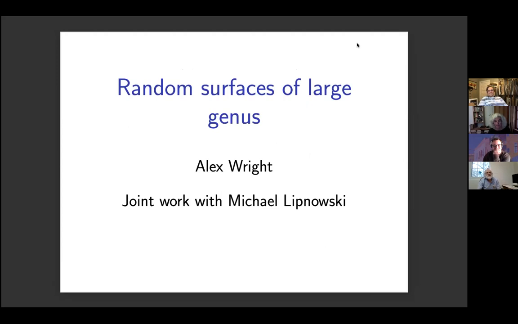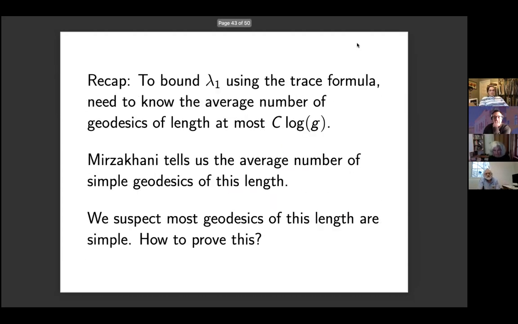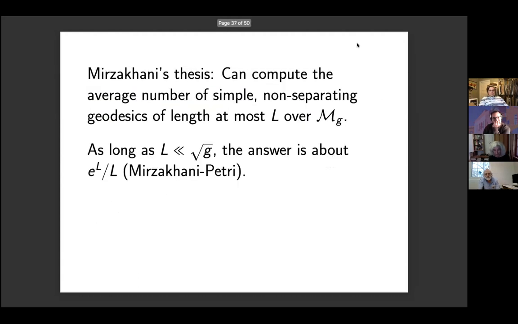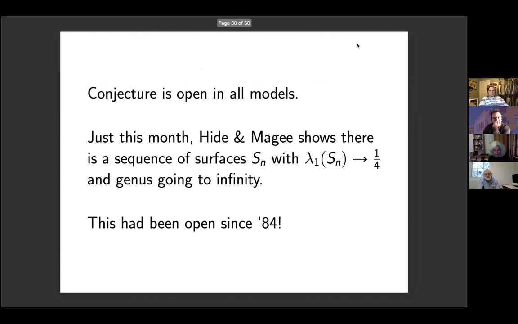A question? Yes, please. So you've concentrated on the first eigenvalue. Do you know anything about the rest of the spectrum? Well, we have this bulk result, this result of Monk that I mentioned, that gives you the bulk of the spectrum.